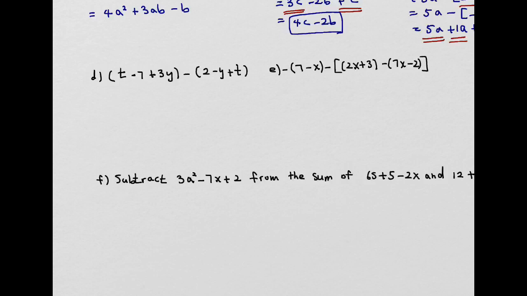In this problem, when you're looking inside the first parenthesis, you can see all three different terms. This one is a term with t, this one has no variable, and this is a term with y. So inside the parenthesis, you cannot add or subtract. Same thing with the other parenthesis, they're all different terms.